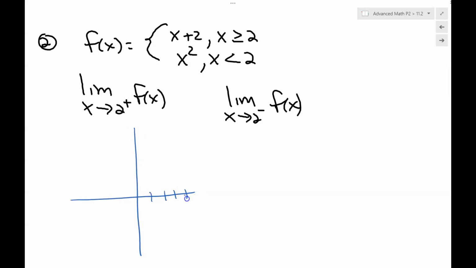Okay, so I'm actually going to graph the bottom one first: x squared when x is less than 2. X squared is a parabola. It has a point at negative 1, 1, at 1, 1, and at 2, 4. And then at 2, it's going to be up at 4 as well.